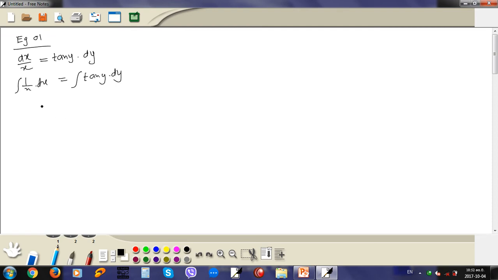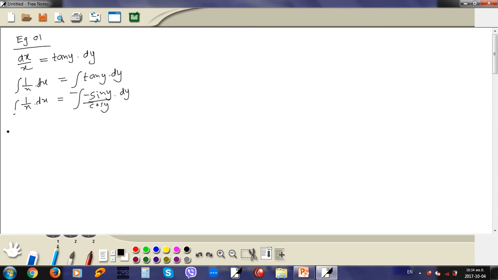Right, tan y we can write as sin y over cos y. So the integration of 1 over x dx equals the integration of sin y over cos y dy. The derivative of cos y is minus sin y, so I put two minus signs there.